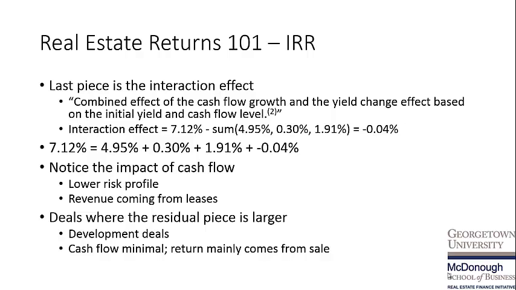So for instance, in a development deal, you might see a circumstance where the year one cash return could be very low. In this instance, we might be able to swap the 4.95% year one cash return with the 1.91% residual impact.